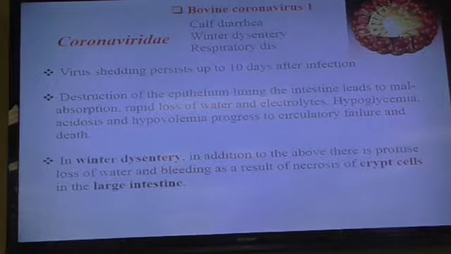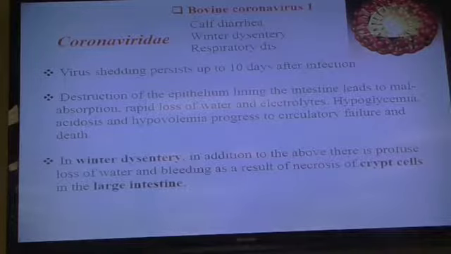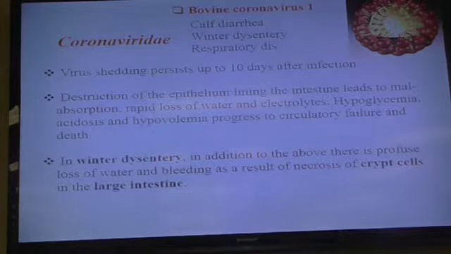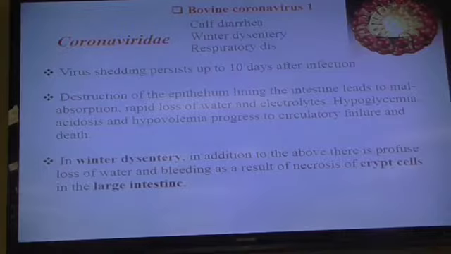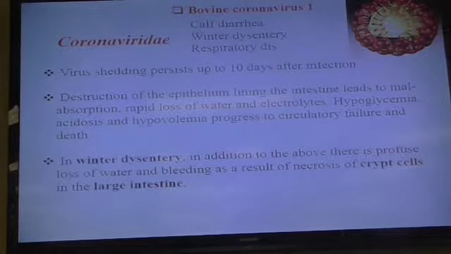And then following this, what you expect is hypoglycemia, acidosis, hypovolemia, and so on. Those symptoms or features are usually associated with diarrhea.